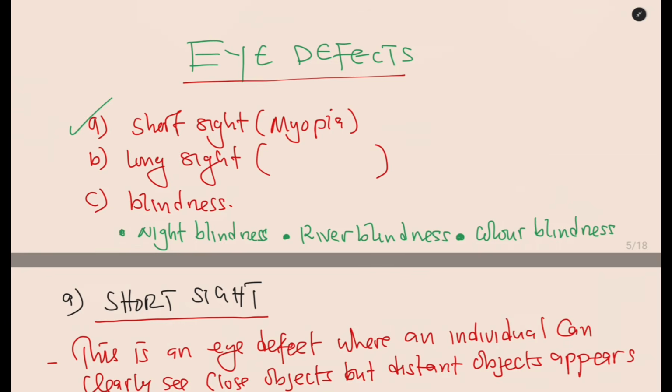Then we have liver blindness. Get to look at what that is called. Then we have color blindness. If you've done genetics, you know that it is a sex-linked disorder. Then we also have blindness due to injury, and of course from general knowledge you know that it is blindness caused when you injure yourself. So please look at all that part.